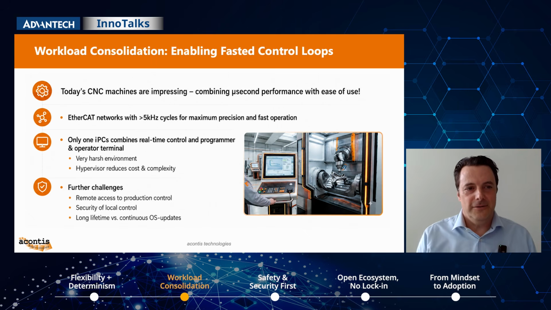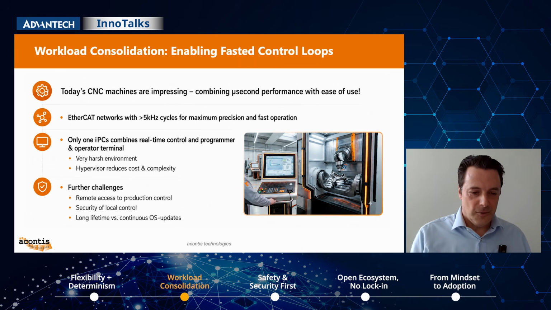So by combining this into one computer using a hypervisor, it really saves a lot of money. You only need one device. It increases reliability because it's one device less. And it also helps with maintenance, installation, and everything else.